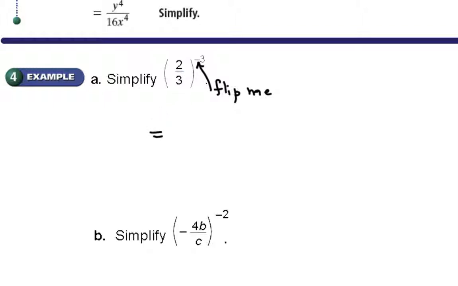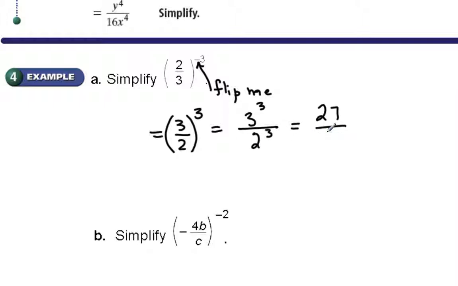So this becomes 3 over 2. And this was negative 3, so now it's positive 3. And this gives us 3 to the 3rd power over 2 to the 3rd power. 3 to the 3rd is 27. 2 cubed is 8. And that is your answer.